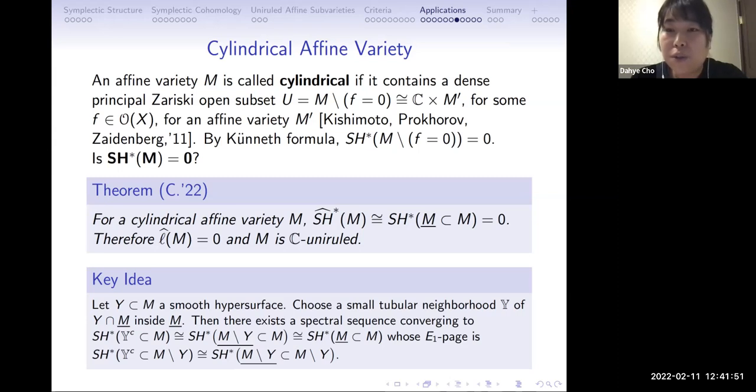So it is C-uniruled. It's actually stronger than the definition of uniruledness in algebraic geometry, because our uniruledness shows that for every point there is a polynomial map from C passing through the point.